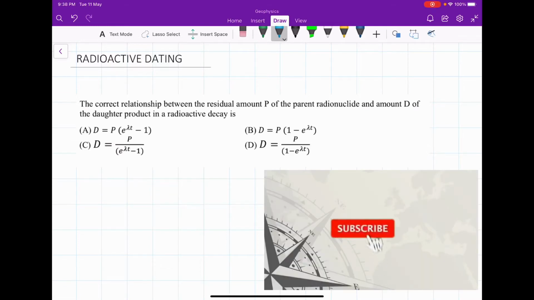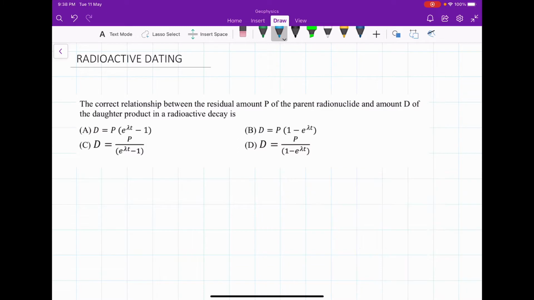In this video, I am going to explain the basic concept of radioactive dating through a numerical. So the problem is: the correct relationship between the residual amount P of parent radionuclide and amount D of the daughter product in radioactive decay is.